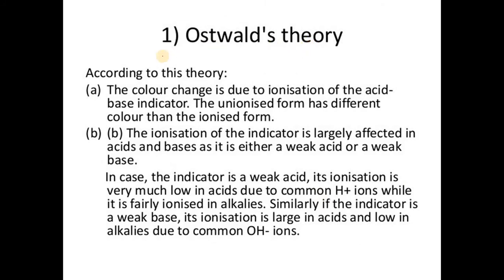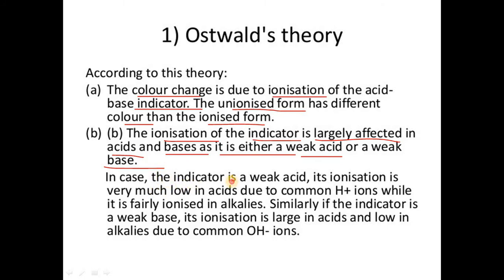According to Ostwald's theory, the color change is due to ionization of the acid-base indicator. The unionized form has a different color than the ionized form. The ionization of the indicator is largely affected in acids and bases if it is either a weak acid or a weak base.